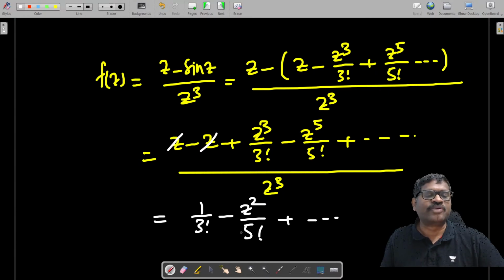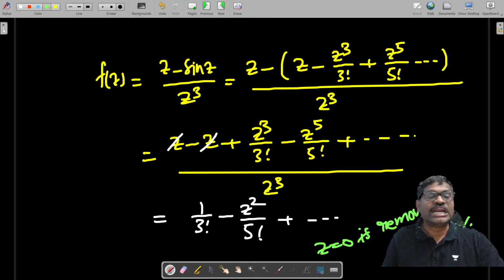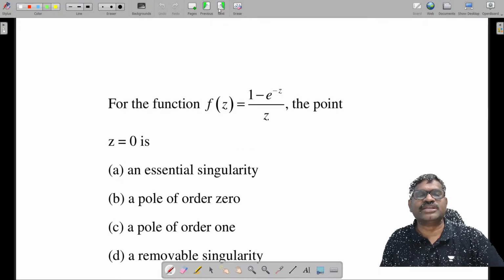There are no negative powers of z. All are positive powers of z only. That's why z equal to 0 is a removable singular point.